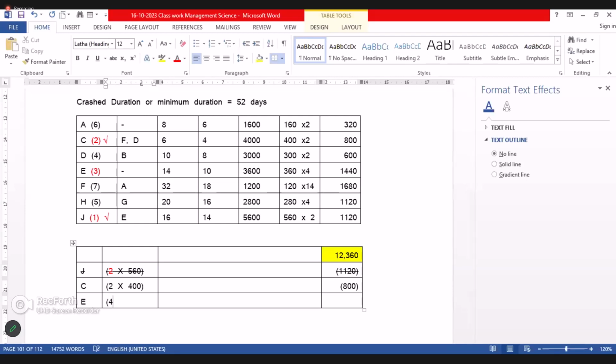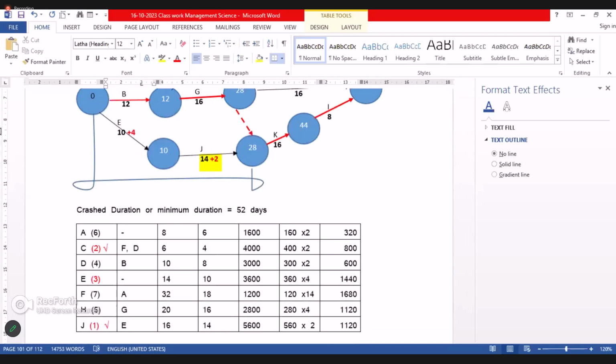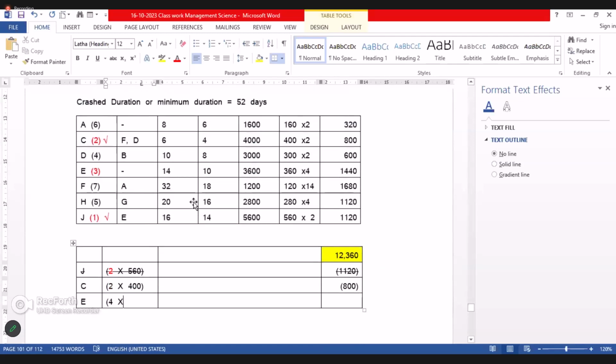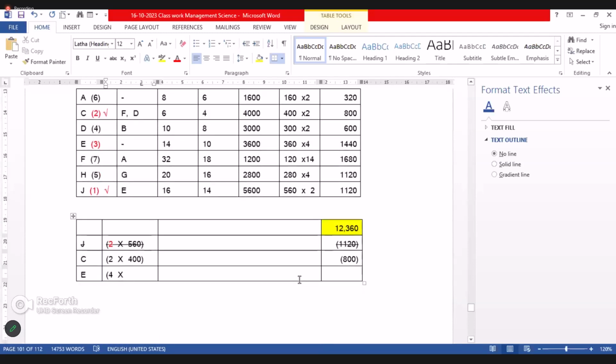The slope of E is 360. What will happen?